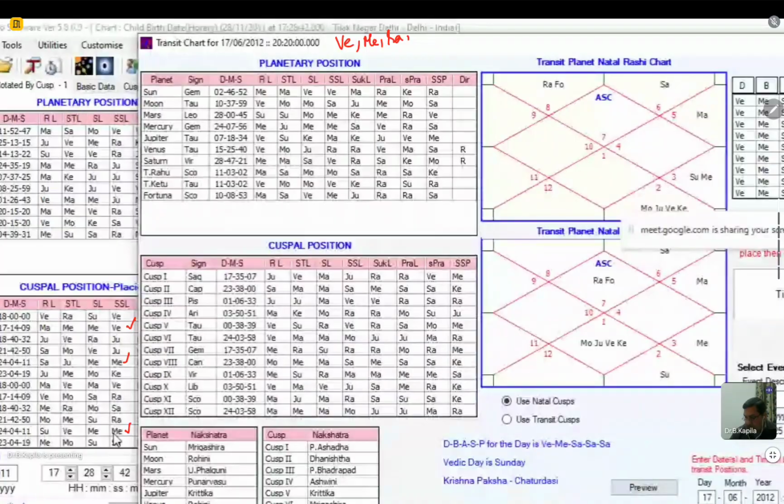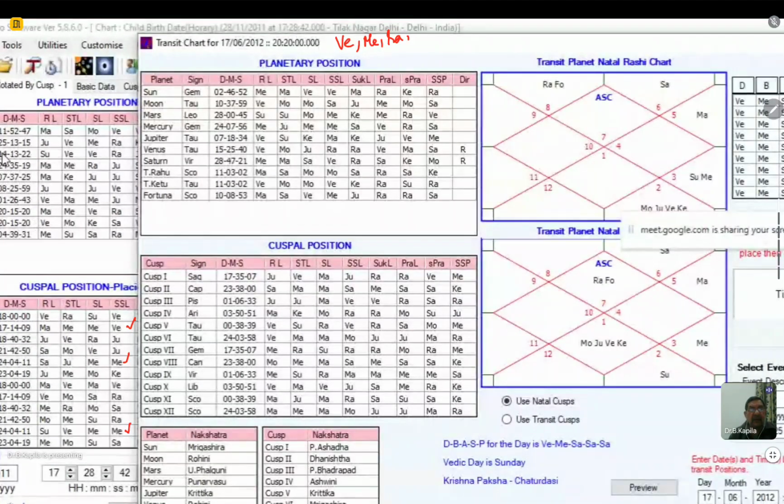It should be a co-ruler of the primary cusp, and co-ruler of one or all supporting cusps. So Mercury is stronger. It's very clear from here. Mercury is there in 2, in 5, in 11.